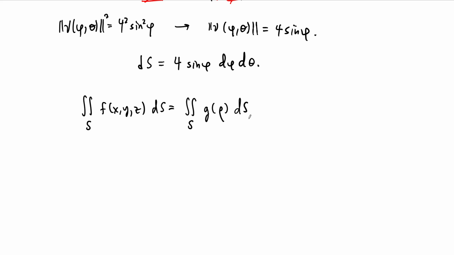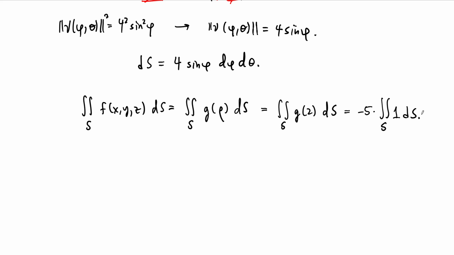That's one of the assumptions, right? That f of x, y, z is just equal to g of rho. And we know that rho is fixed. So it's really just g of 2 along the surface because that's a property of the surface. And finally, we know that this is minus 5, right?